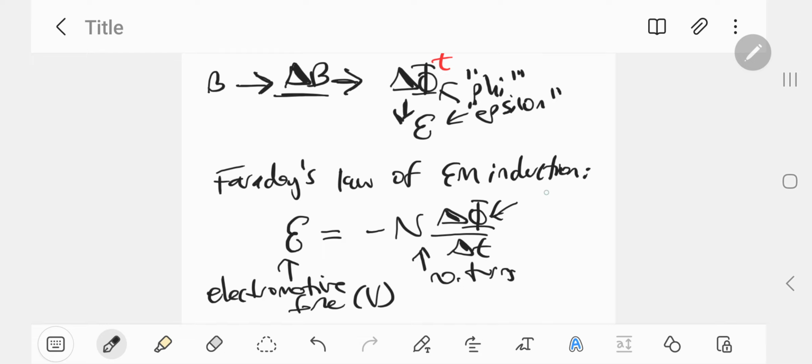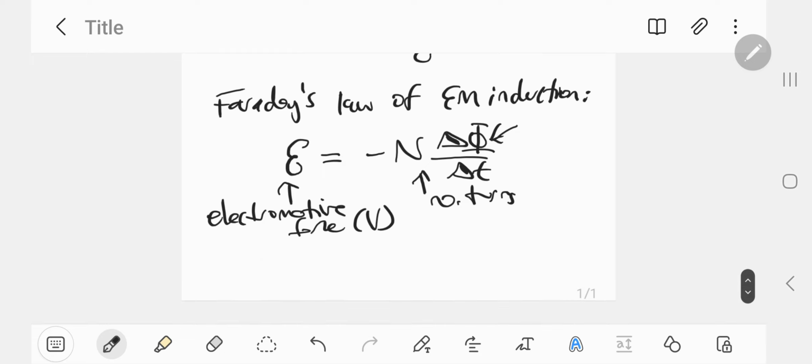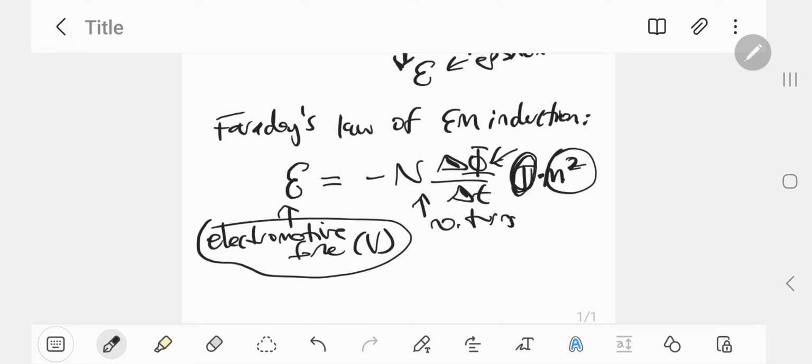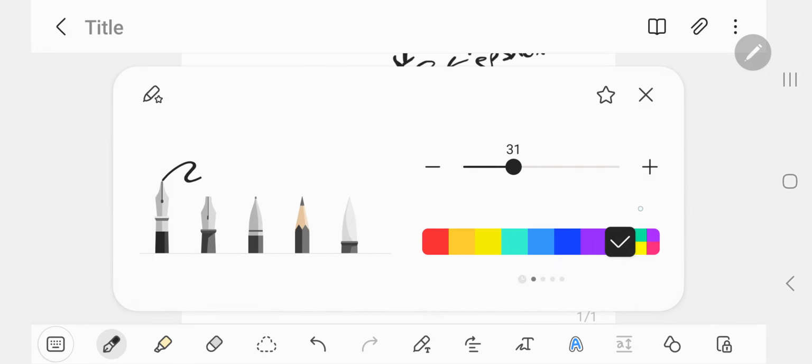And delta phi is the change in magnetic flux over time. Magnetic flux has units of tesla meter squared, so the amount of magnetic field lines going through an area in metres squared. And when you have motion, there has to be relative motion between the magnet and coil, you can only get an electromotive force then.